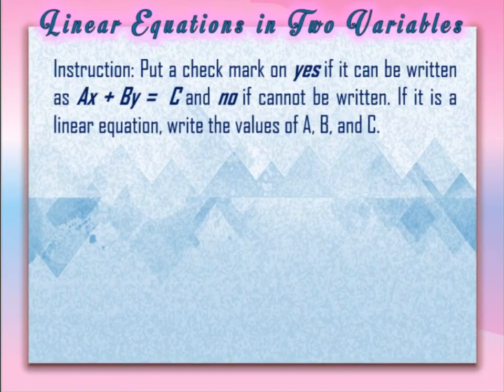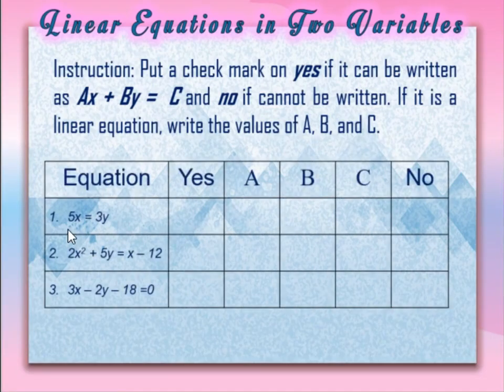Put a check mark on yes if the equation can be written in standard form, ax plus by is equal to c, and no if it cannot be written. If it is a linear equation, write the values of a, b, and c. So we have here equation 1, 5x is equal to 3y. Can you change this in standard form?